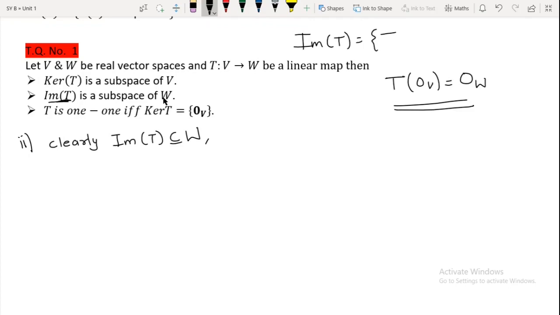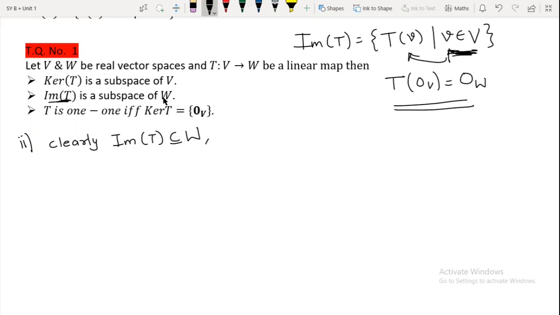And while explaining the definition of image of T, image of T is a collection of images of elements of V. Whenever you have an element of V, simply take the image of that and that will give you an element of image of T, right?